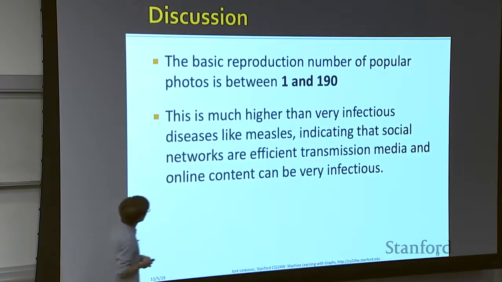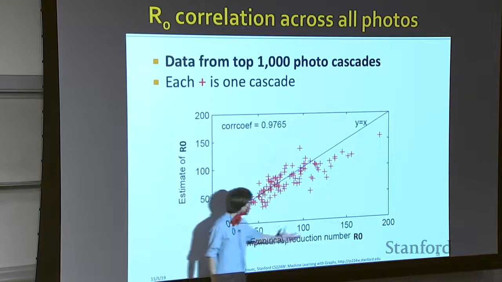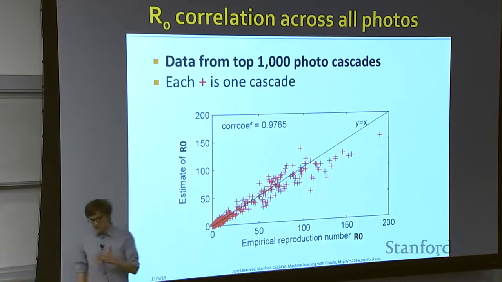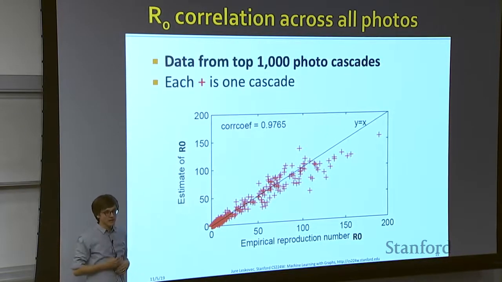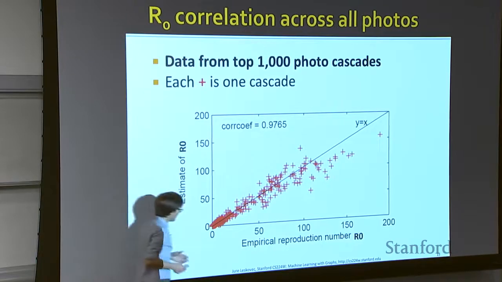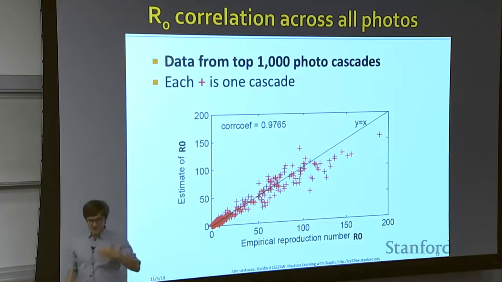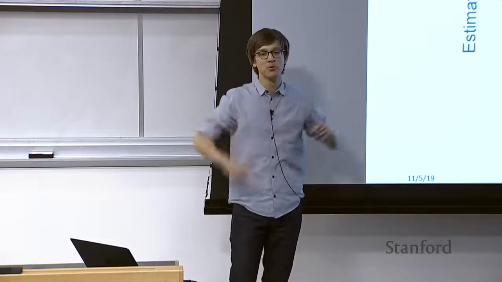And what you also notice is that the reproductive number here is quite crazy high in some cases, right? And then you can ask, why do these epidemics stop? Why don't they just go through the entire network? The reason is that the reproductive number is not homogeneous and it changes over time as the news gets stale. So it's harder and harder for the information to keep pushing.